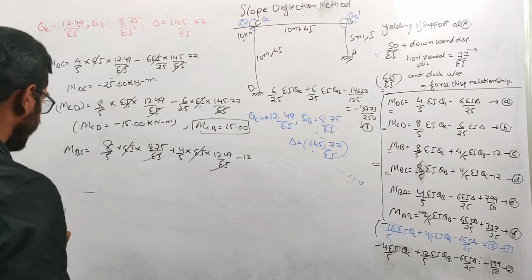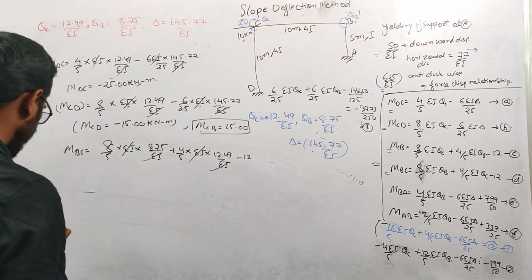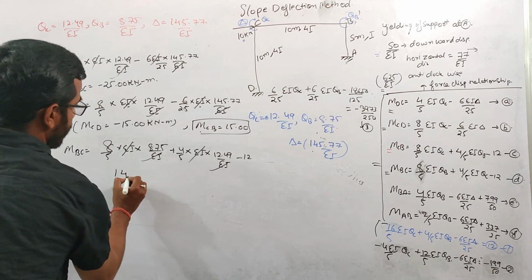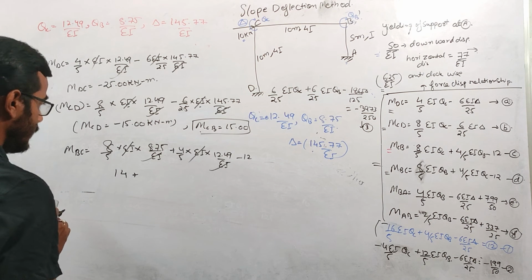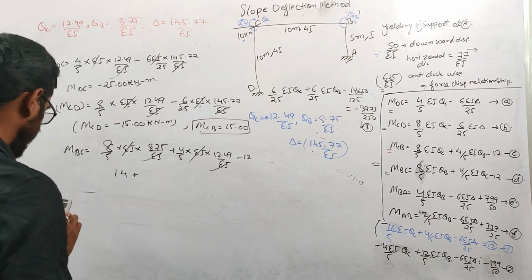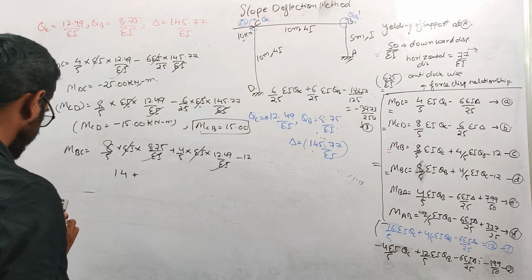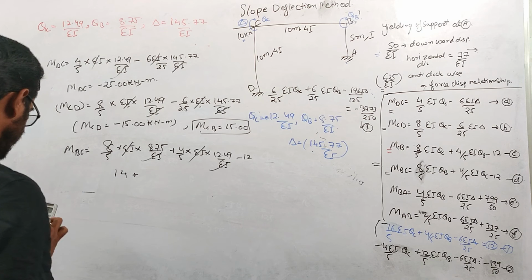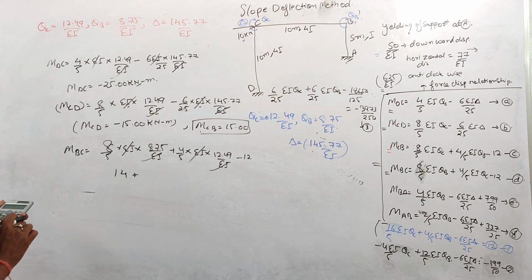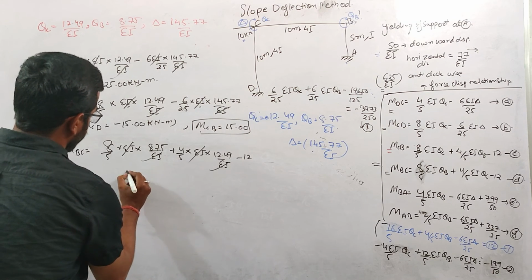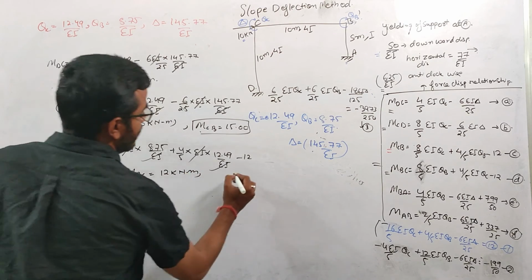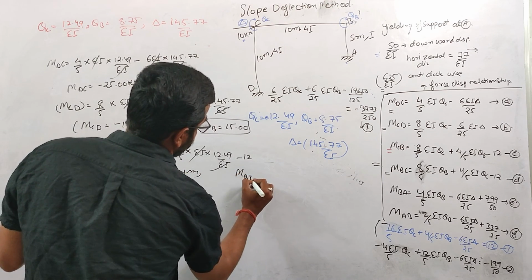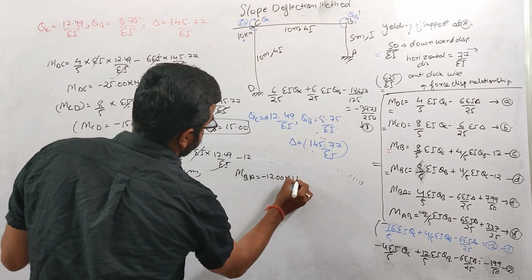So 8 into 8.75 divided by 5 is 14, plus 4 into 12.49 divided by 5 is 10, and 10 plus 14 is 24. So the MBC value comes out to be 12 kilonewton meter. If this is MBC, MBA will be minus 12 kilonewton meter from the equilibrium equation.